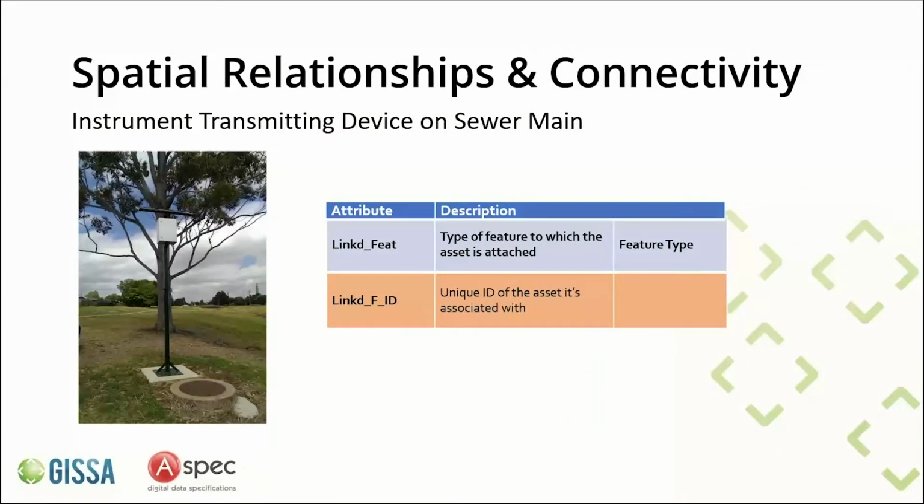So this is the fourth element, spatial relationships and connectivity. So I just wanted to give you an indication because we just don't look at these things in silos. And it's indicative that data sets we provide for the specifications are never provided in isolation. So here's a good example. We've got an instrument transmitting device on the sewer main. And we've got attributes within that particular table for the instrument table that requests information about the feature it's linked to. So the type of feature.